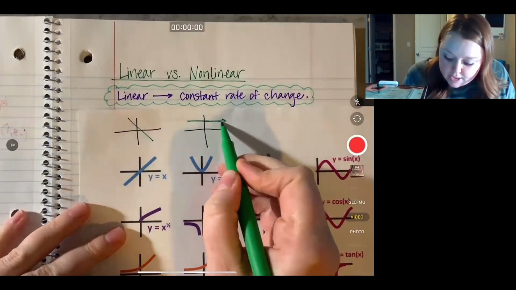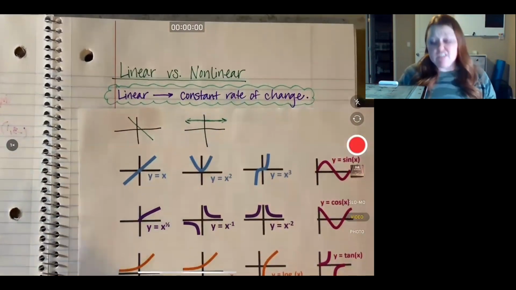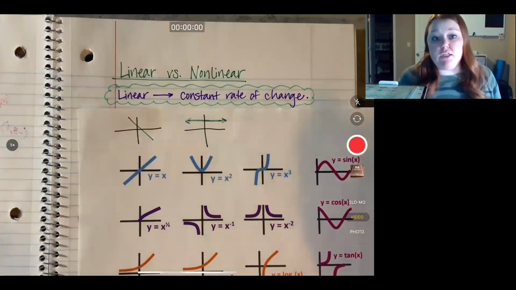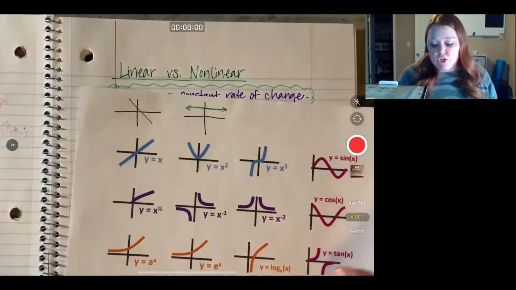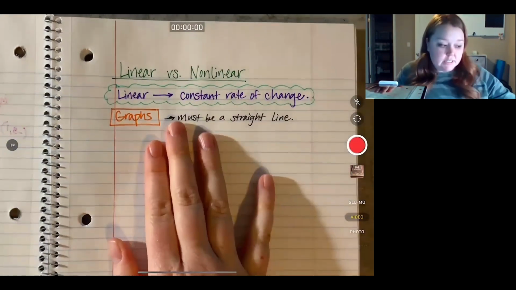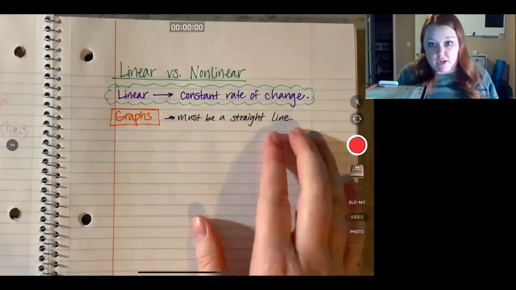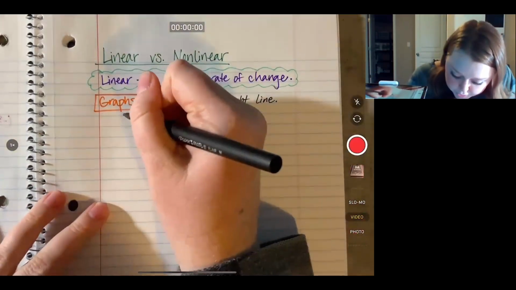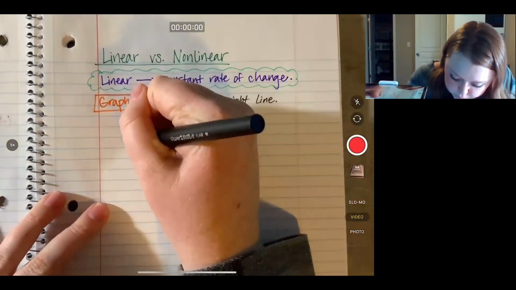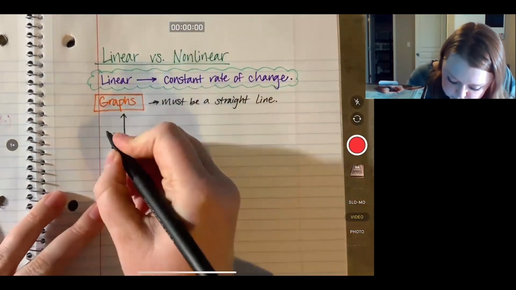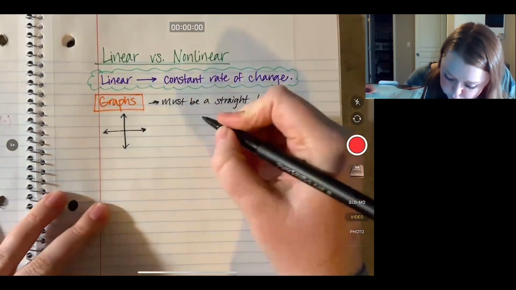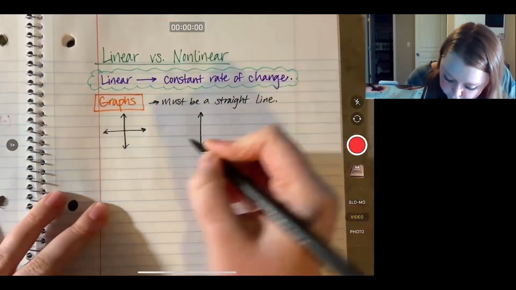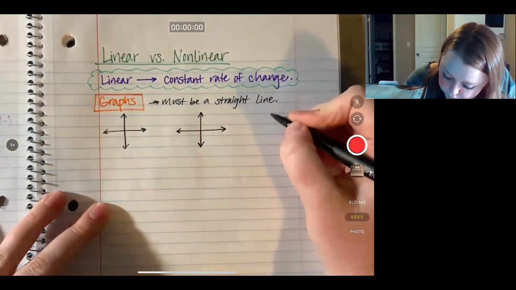If the line is flat like this, that's still linear because it's a straight line, okay? So graphs, pretty easy to tell if a graph is linear. It's just gotta be a straight line. So we're gonna do 3 quick examples so that your notes have it. So once you set up little, these are gonna be teeny tiny X, Y coordinate grids. We'll do 3.